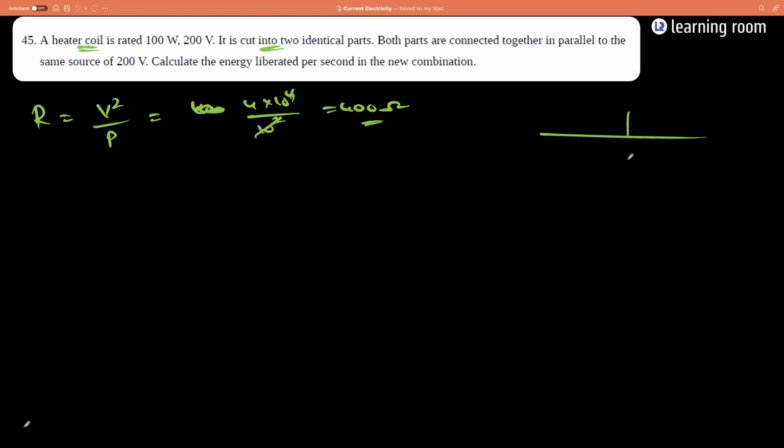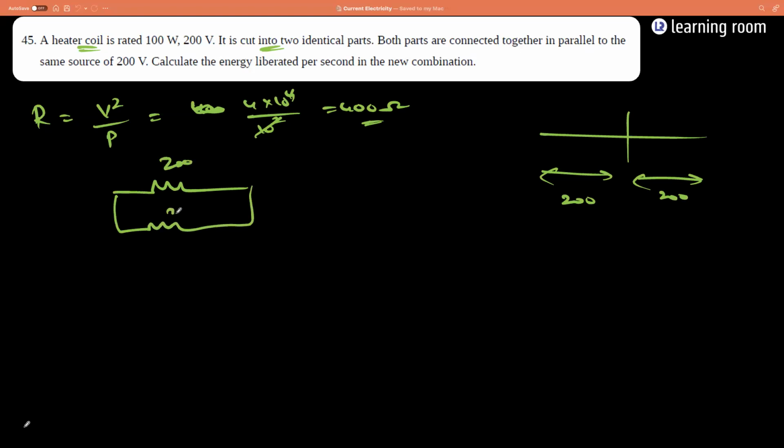When a longer wire is cut into two equal parts, what is going to be the resistance of each? It will be 200 and 200. Now, this 200 and the other 200 are connected in parallel. So what will be the equivalent value? It will be 100 ohm. Is it clear till this step? Yes, sir. It is going to be 100 ohm.